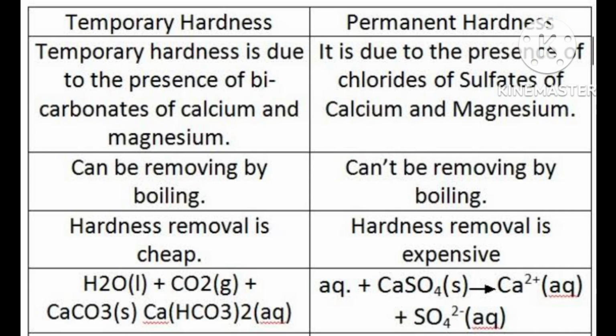Then you get the products barium sulfate plus hydrogen peroxide plus 8H2O. This is the first method to prepare hydrogen peroxide. Second, the peroxodisulfate method.